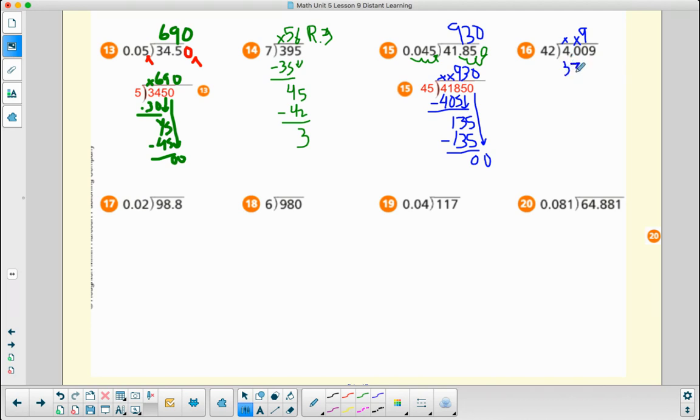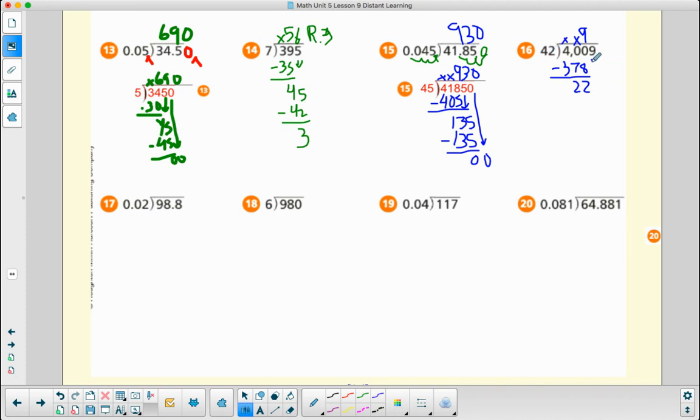Using my number talk skills, 400 subtract 378. Well, if I do the same change and think 399 subtract 377, that would leave me with 22.